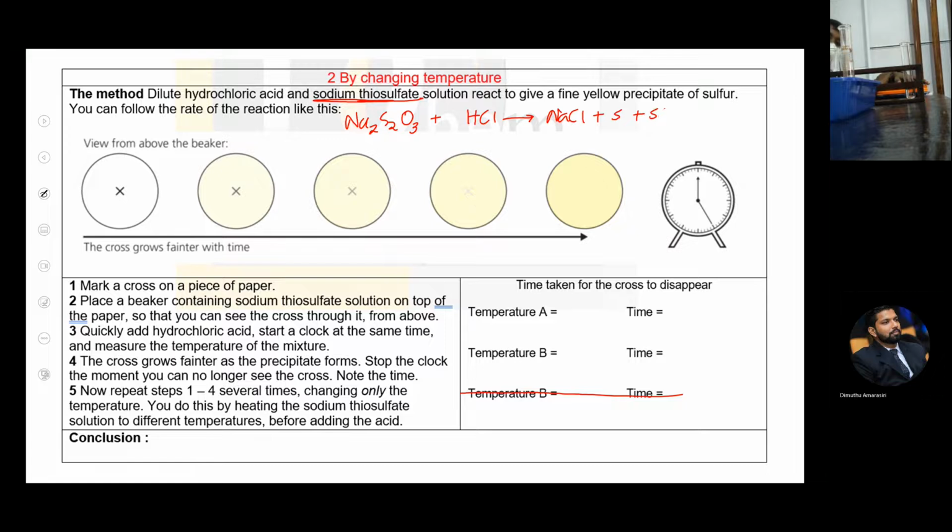You only need the experimental experience. Then you are going to mix 10 cm cube of sodium thiosulfate in both cases, temperature A and temperature B.